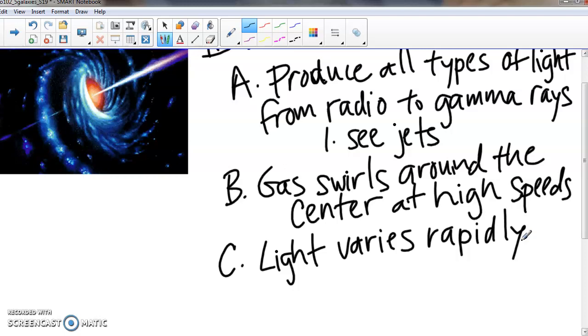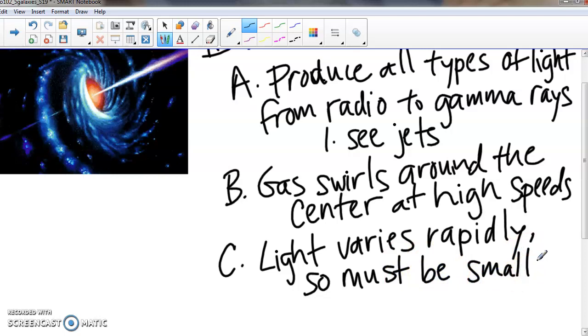Because the light varies so rapidly, it must be a small thing. So it must be small, just like that neutron star was small. We see the light vary on the order of a day, not as small as a neutron star where it was per second, but on the order of a day, so this is not a big thing. Maybe about the size of our solar system or so.